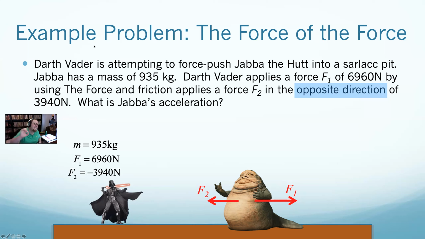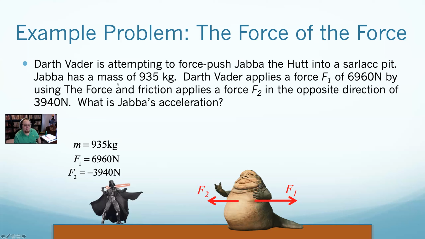But I said F2 is in the opposite direction at 3,940 newtons. What that means is F2 must be negative. Even though it wasn't written negative, it's a vector. I have to keep track of that. Because it's in the opposite direction, I have to put it as negative. I have to say that it opposes the movement.